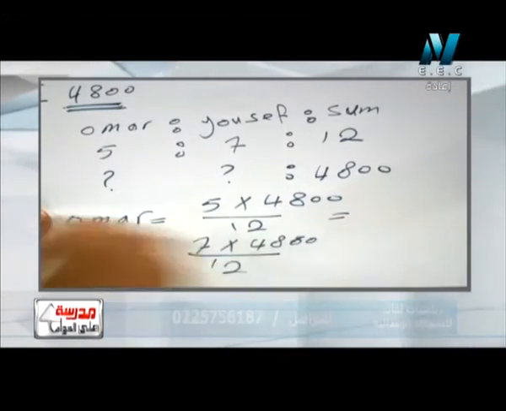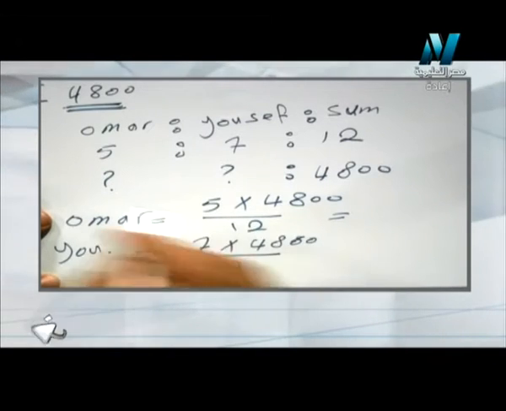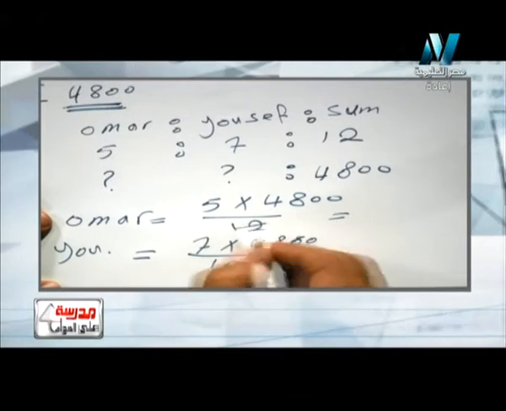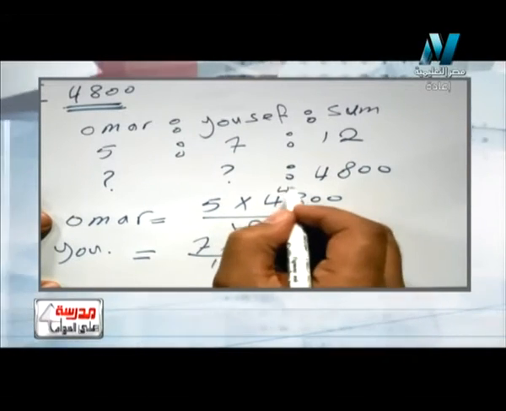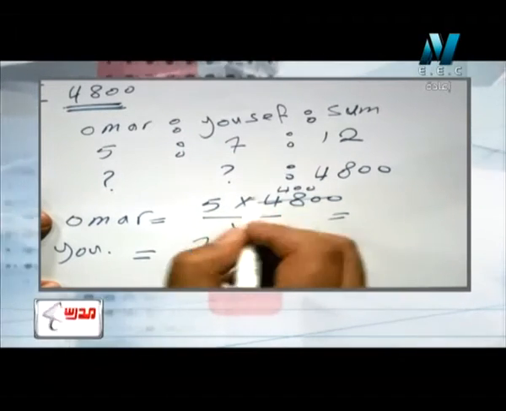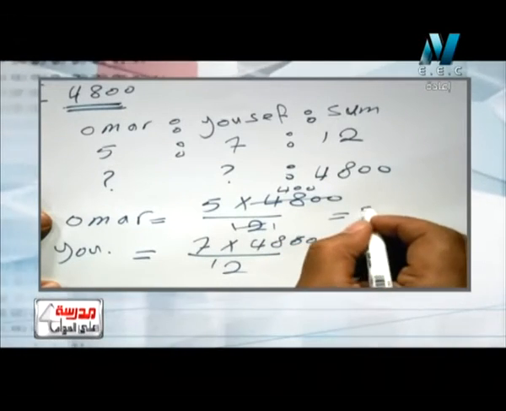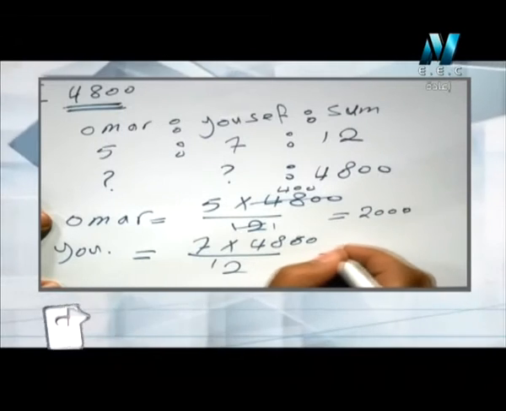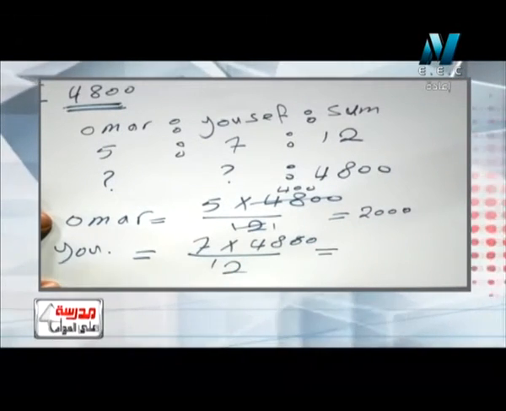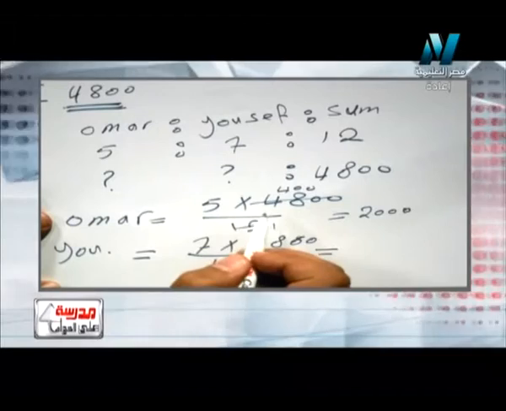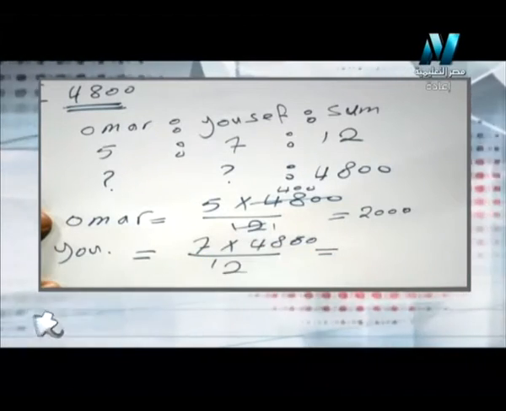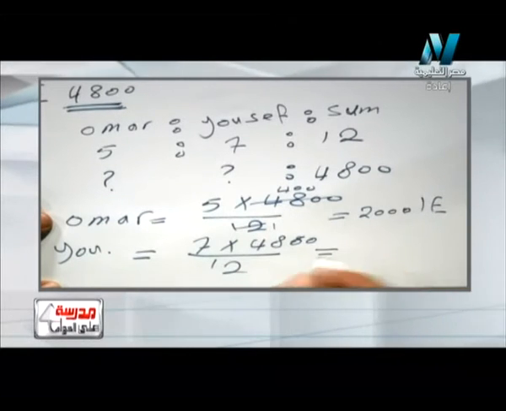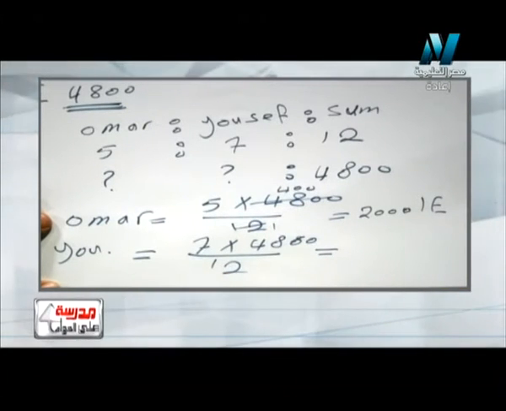You can use your calculator to get the result, or we can simplify the numbers: 4,800 divided by 12 equals 400, and 5 times 400 equals 2,000. After simplifying, the share of Omar is 2,000 LE.